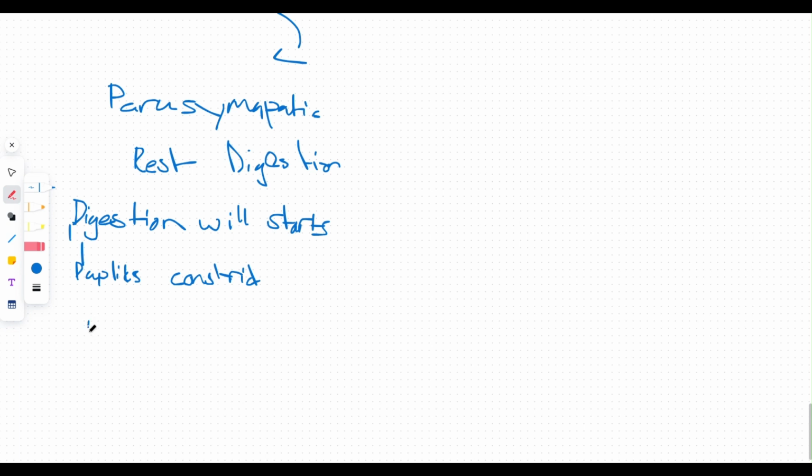You can now pee during parasympathetic. You chill, so you can pee. Digestion will start, pupils constrict, your bladder is constricted, so you can pee now. You might say, wait, if it's constricted, how are you supposed to pee? But it's the opposite for the bladder, it pushes it out. I don't know. Maybe I should stop talking.